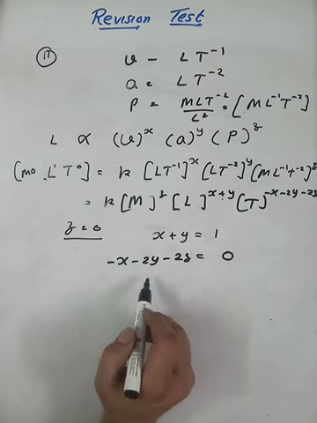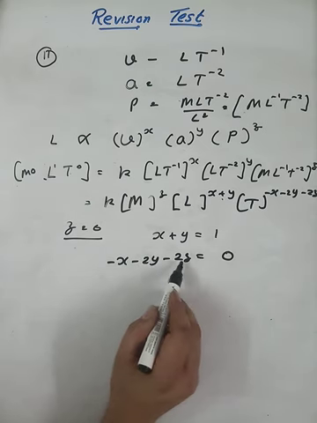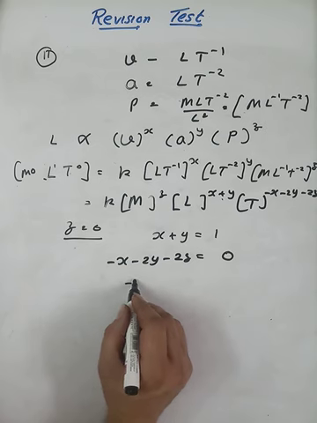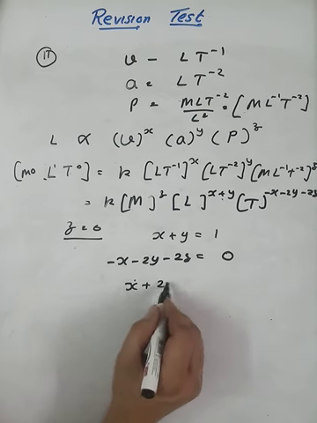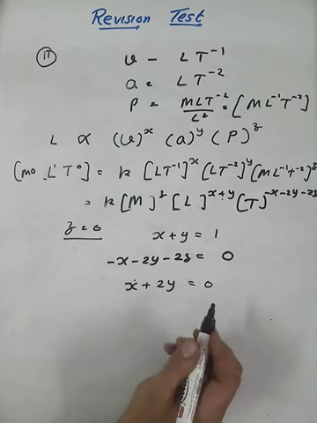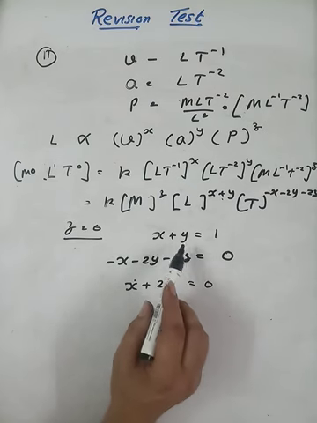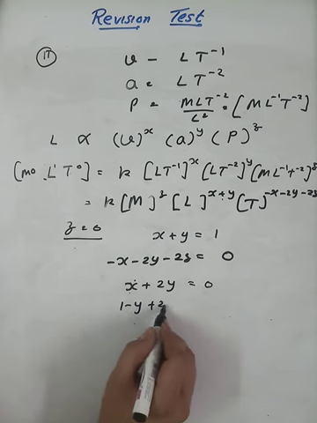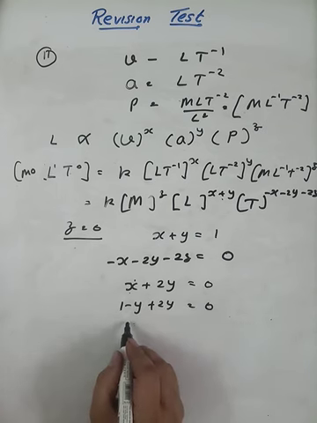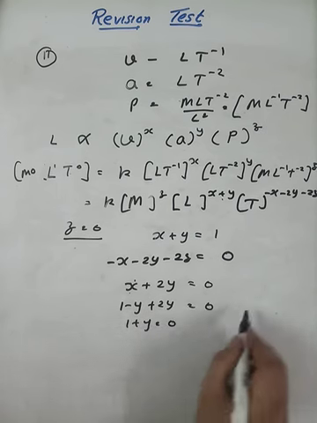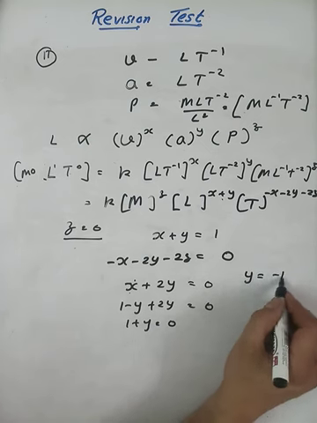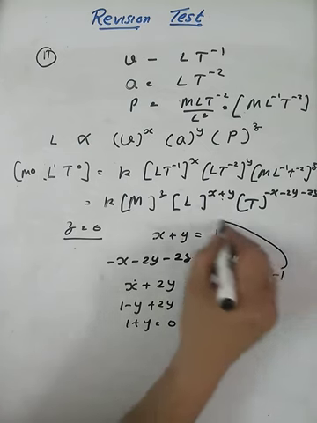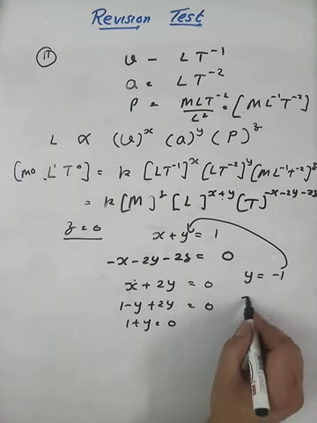If we put the value of z as 0, we get x plus 2y equals 0. Let x be equal to 1 minus y, then 1 minus y plus 2y equals 0, 1 plus y equals 0, or y equals minus 1. If we put y equals minus 1, we get x equals 2.